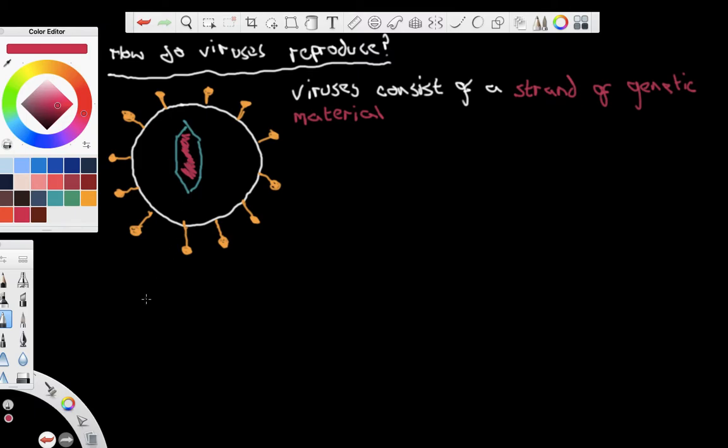Now this is surrounded by a protein coat. So viruses consist of a strand of genetic material surrounded by a protein coat.